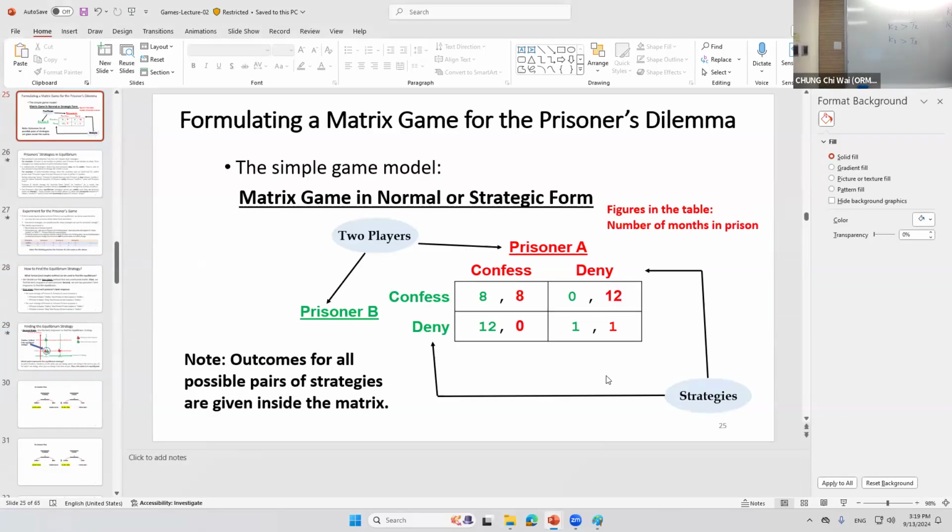Go back to here. So this is the original diagram.